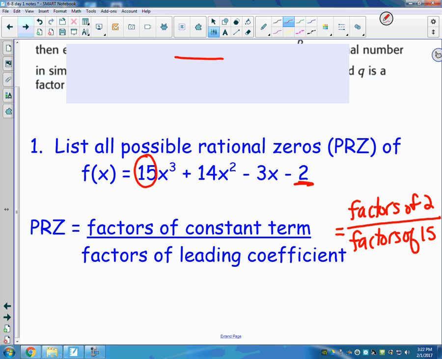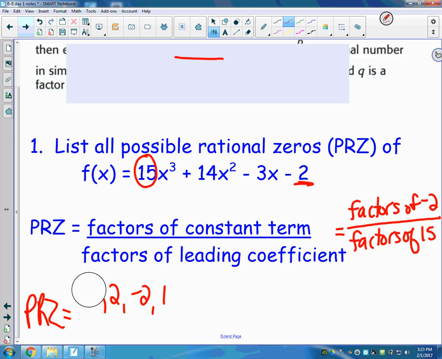So if I was going to list these out here, factors of 2, well, 2 is a prime number, so it's just 1 and 2. But think about the signs on that. Like, couldn't it be negative 1 and positive 2? Sorry, negative 1. Oh, yeah, factors of negative 2. I guess I should pay attention to that. Negative 1 times 2 would give me 2, but also negative 2 times positive 1.